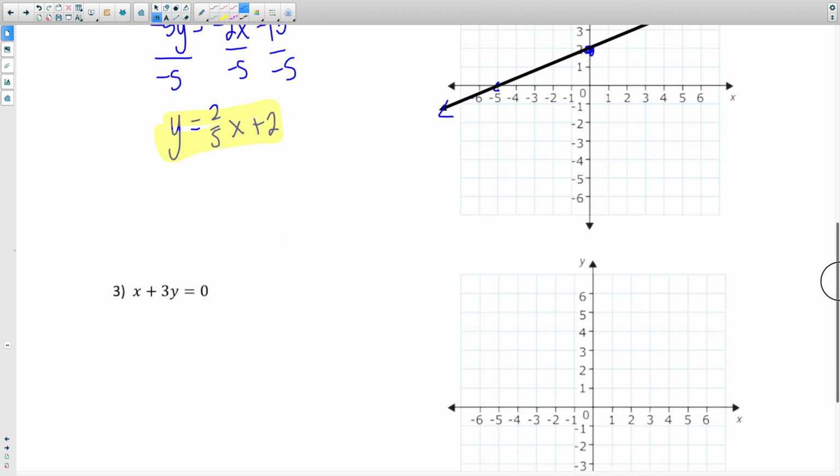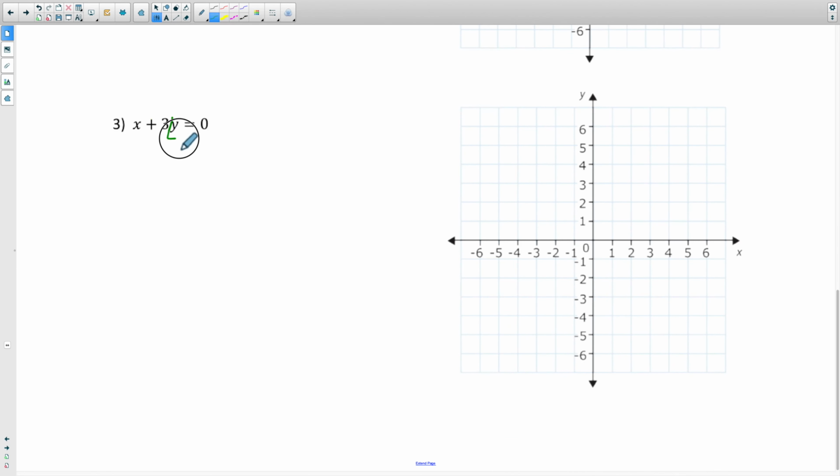One last example. Okay, I am solving for y, so I need to subtract x. It's 1x, but I can call it x or 1x. So that drops off because it's 0. This becomes 3y equals negative x plus 0. I'm going to divide by 3, and when I do that, I have to divide everything by 3.